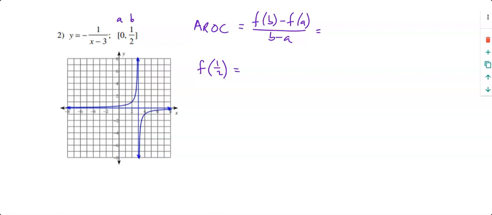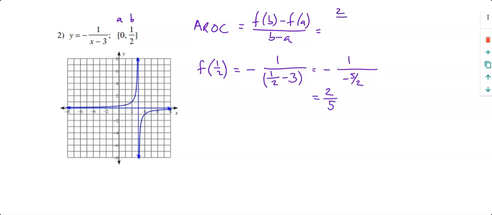So that's going to equal negative 1 over x minus 3, and that's negative 1 over, this is negative 5 over 2. The negatives cancel. We end up with 2/5.